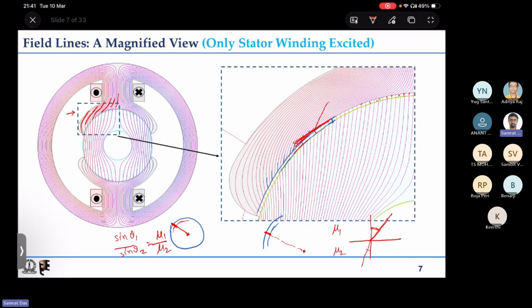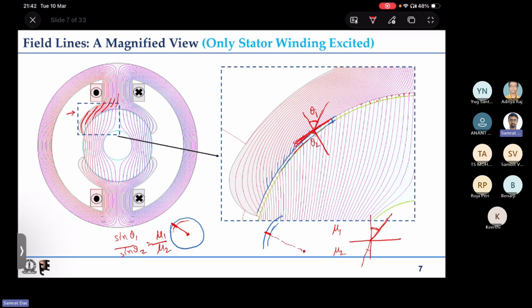Similarly, for magnetic fields there is a magnetic boundary condition similar to that. If flux lines are coming from a medium with a certain magnetic permeability, say mu 1, and going into a certain other magnetic permeability, say mu 2, then the angles, if this is the radial line, this angle is theta 1, and this angle, we are taking the angle with respect to the vertical line, is theta 2.